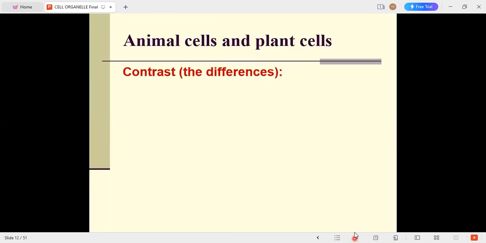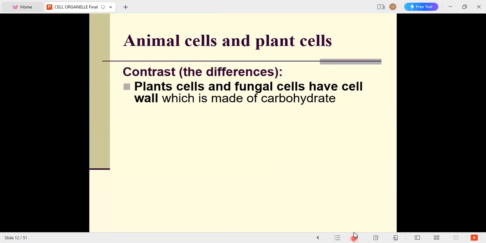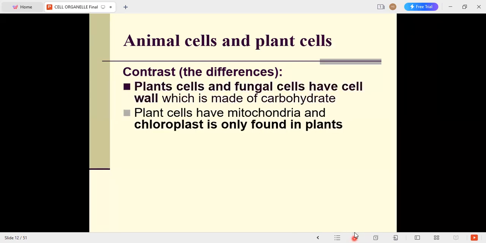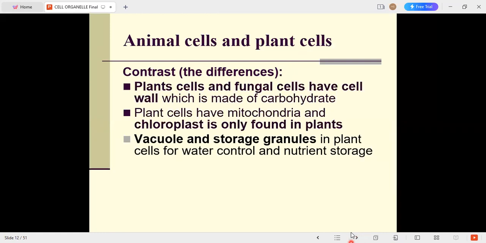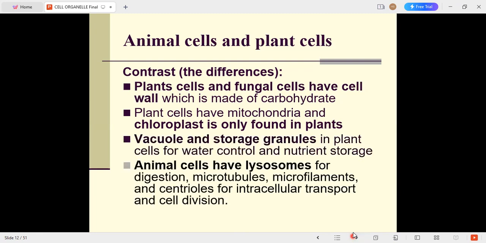So, how do animal and plant cells differ from each other? Plant cells and fungal cells have a proper cell wall, which is made up of carbohydrate. Plant cells have mitochondria, and chloroplast is only found in plant cells. However, animal cells contain mitochondria. Vacuoles and storage granules in the plant cell are responsible for water control and storage of nutrients.